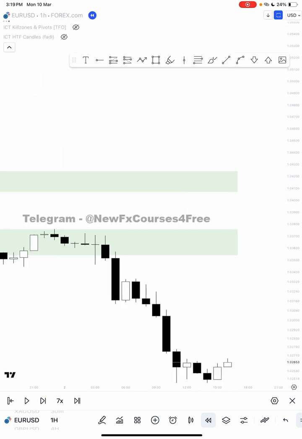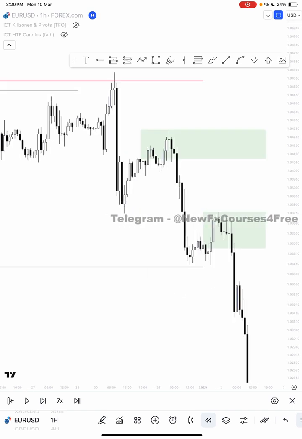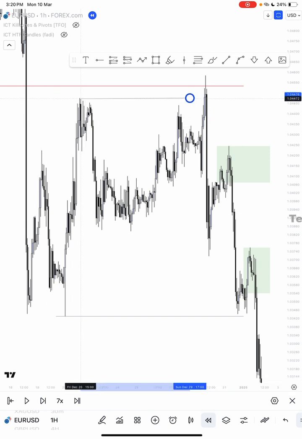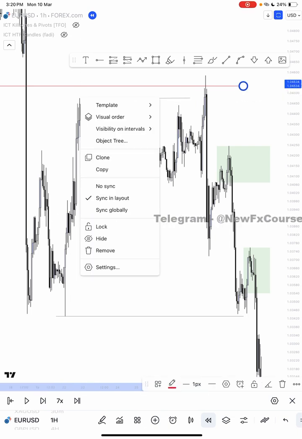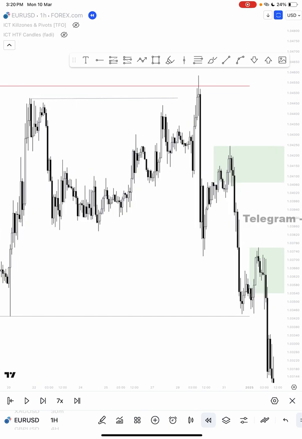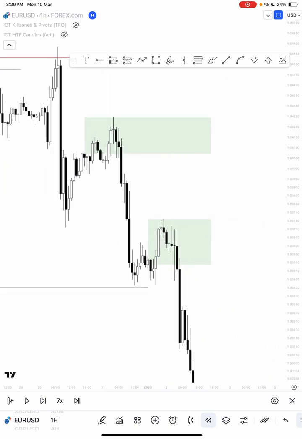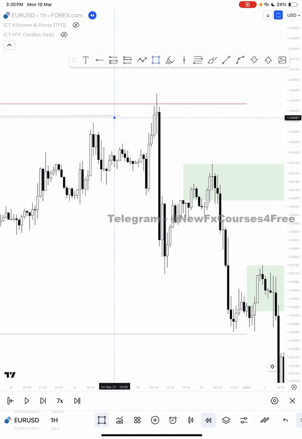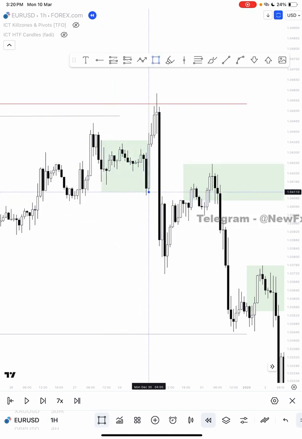So here on the 1 hour time frame, we got our range high swept first with this move. Okay, range high swept. So first leg of expansion, your range, and your trend.